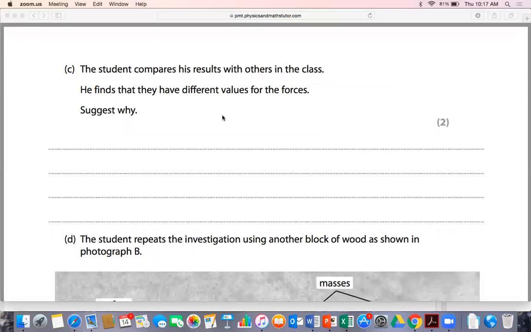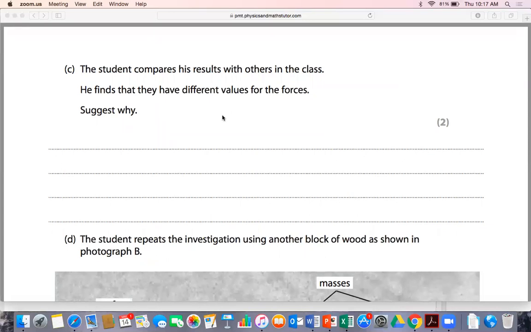Okay, the student compares his results with others in class. He finds that they have different values for the forces. Why? Because they may have pulled with different forces. One may have pulled with a stronger force. Explain in detail: different people have different strengths, so they use different force to pull.